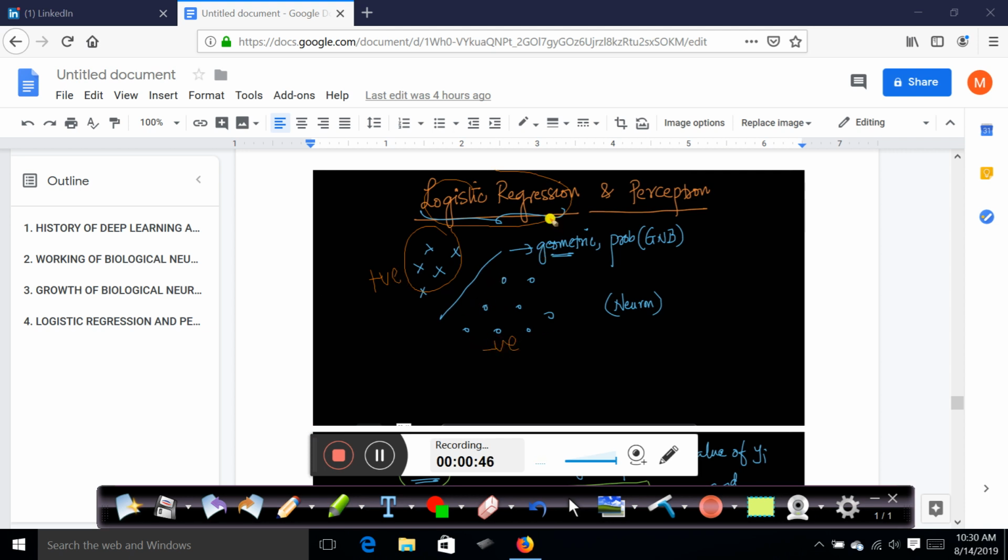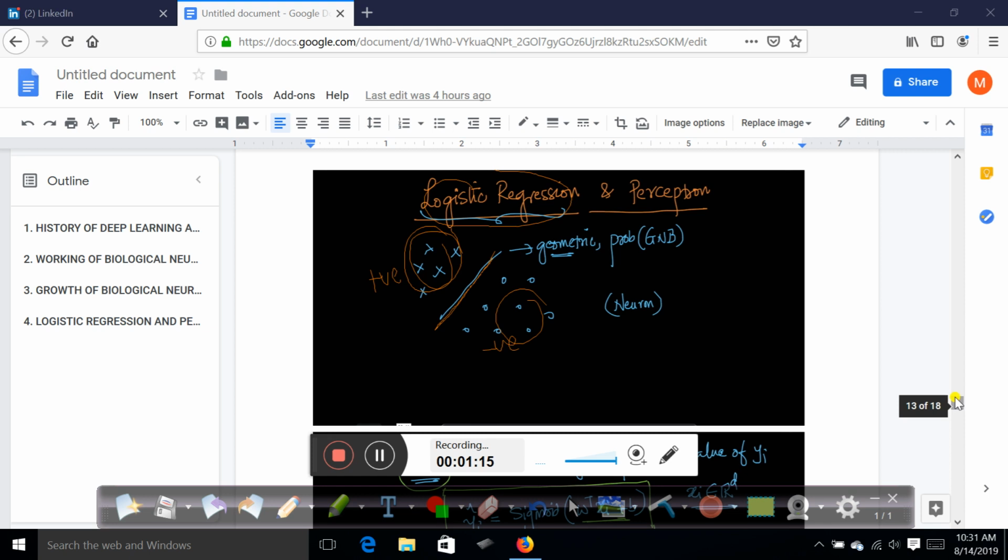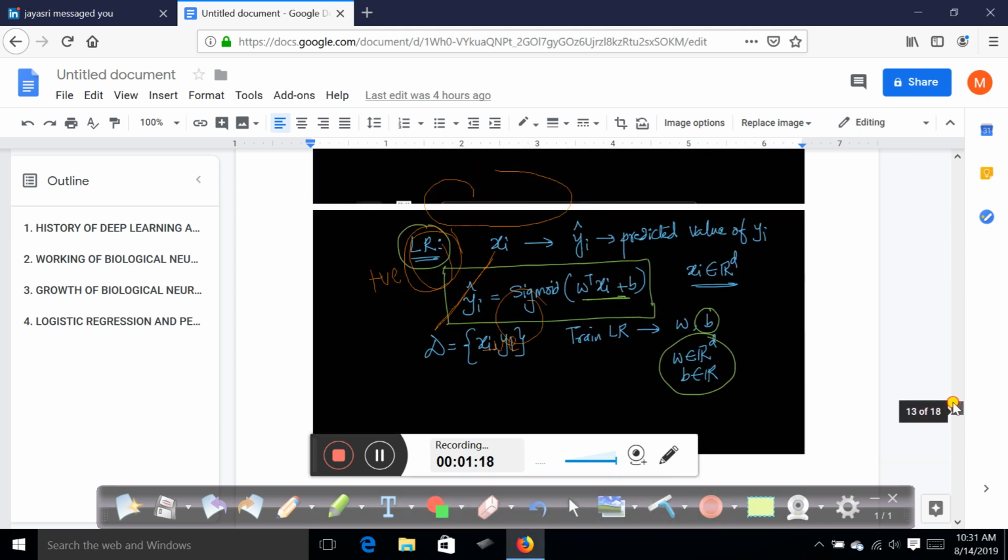It uses the concept of a hyperplane to separate the positive points from the negative points. That's what logistic regression is all about, and we will discuss it in detail in later videos. So for now, I want to move ahead to the topic.